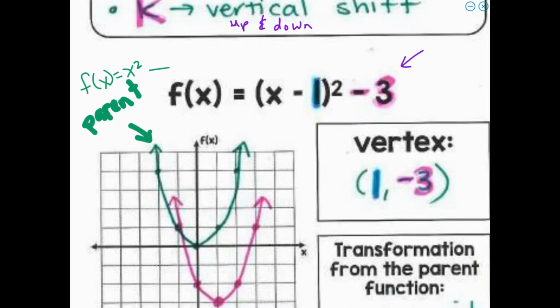If I wanted to write my parent function in vertex form, I would have f of x equals x minus 0 squared plus 0. And so notice in my parent function that my vertex is right here at 0, 0.